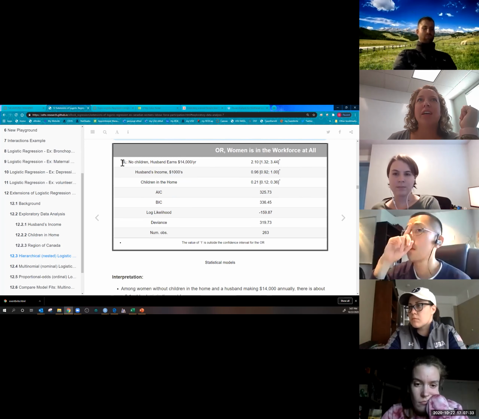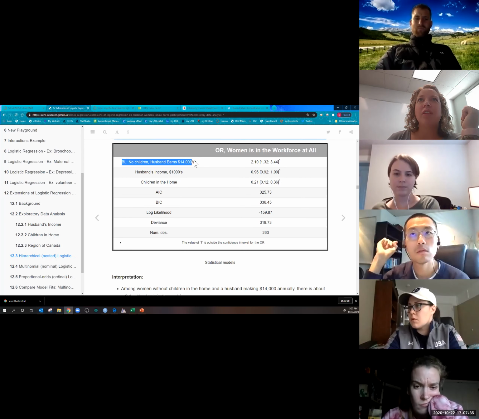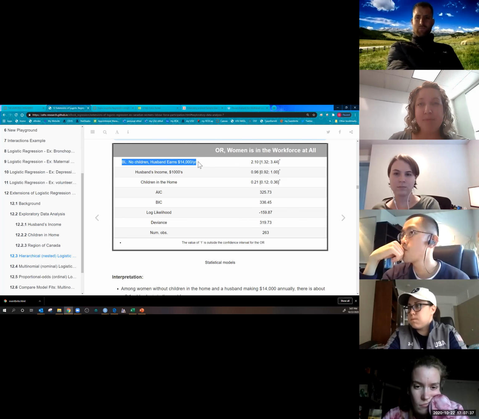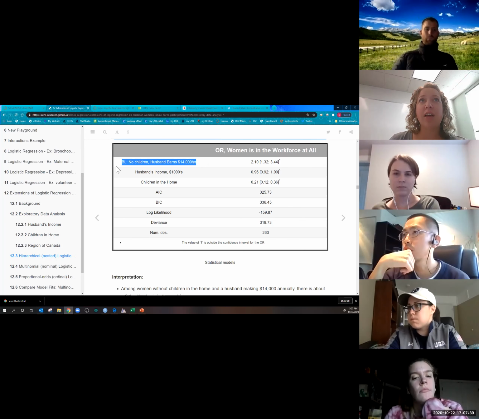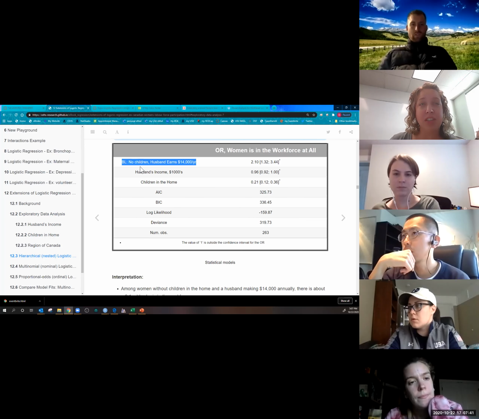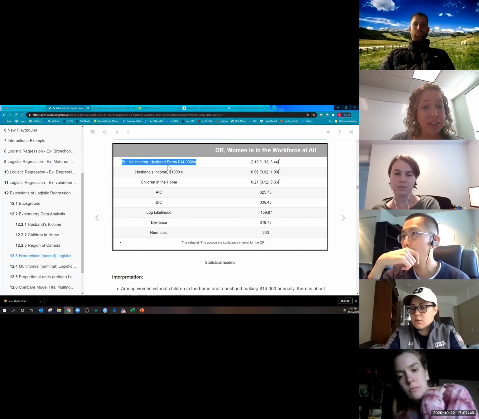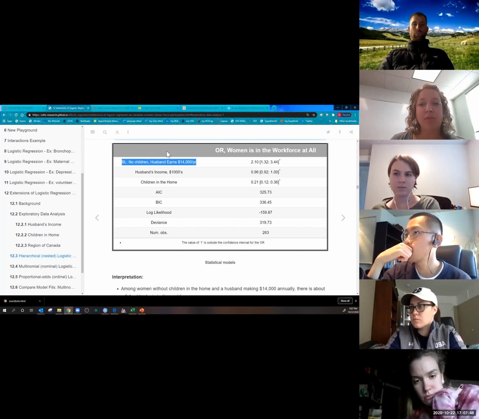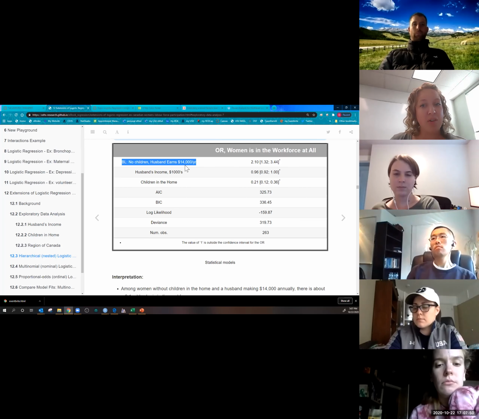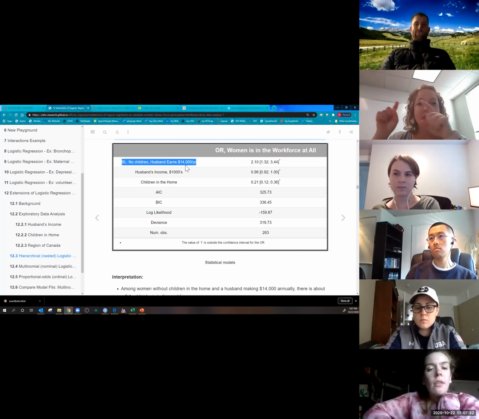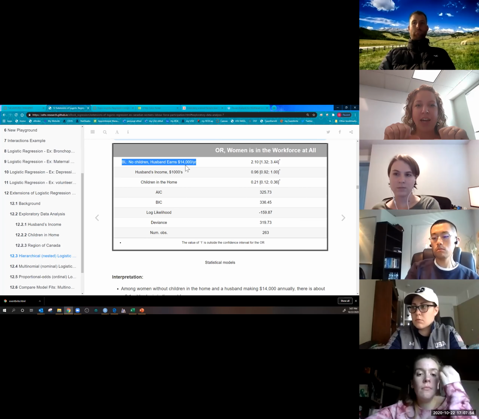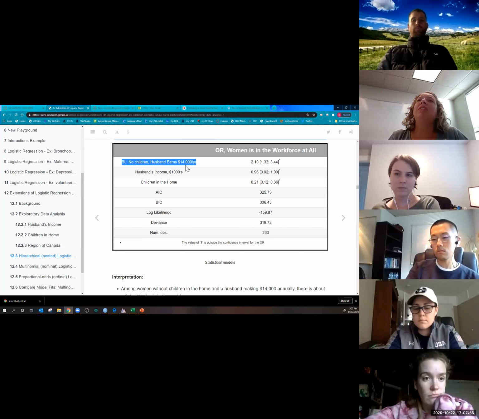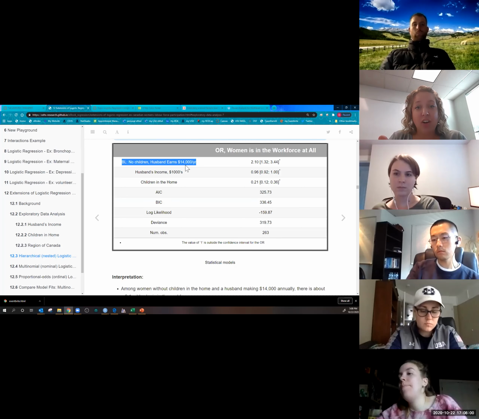So let's interpret this. So this is the intercept. And the intercept for the categorical variable puts it at the reference category, so no children. And I centered husband's income, so the intercept goes with when the predictors are 0. For categorical variables, it means the reference category. For a continuous variable, it's whatever 0 is.